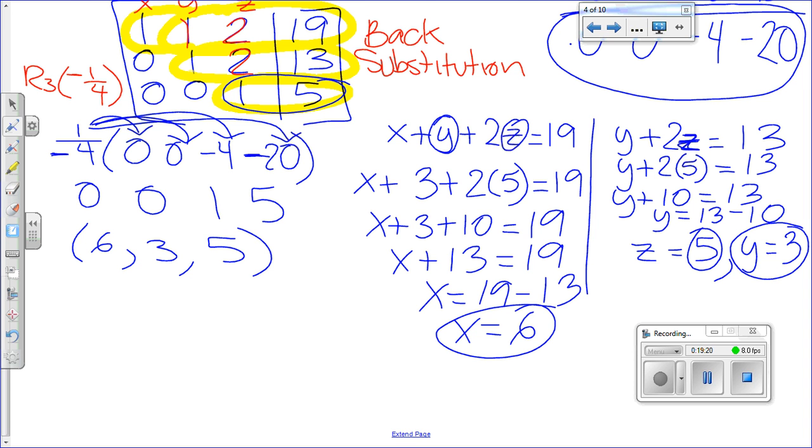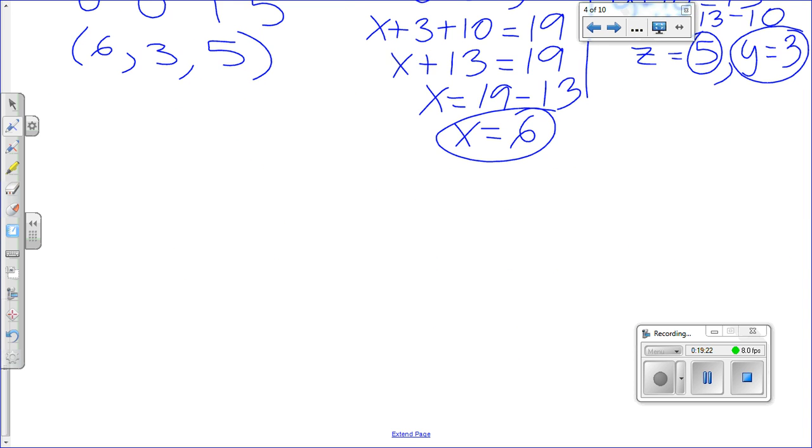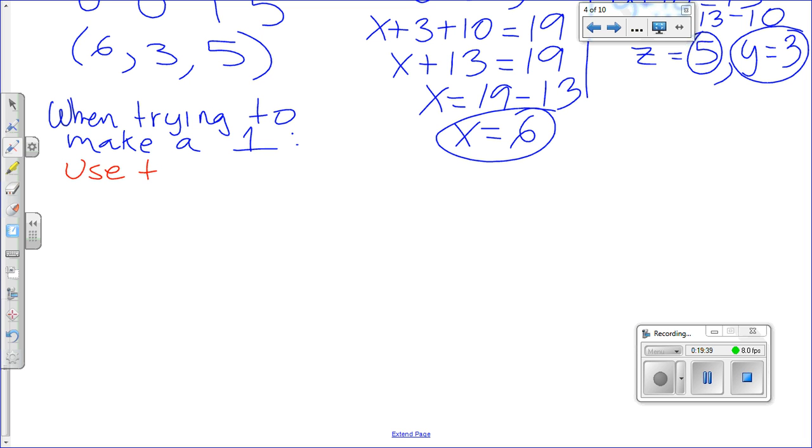Now, just to summarize this, when trying to make a 1, use the multiplicative inverse.